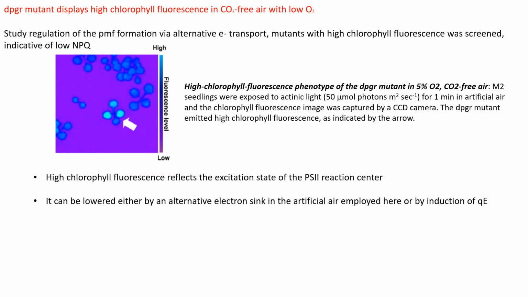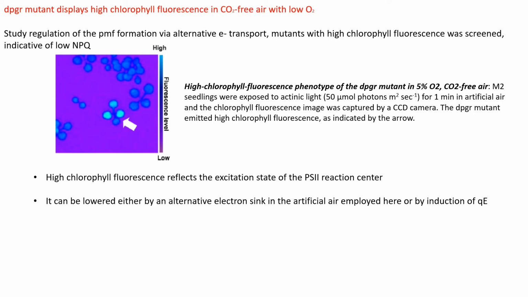In order to study the regulation of the PMF formation via alternative electron transport not depending upon LEF, or linear electron flow, mutants with high chlorophyll fluorescence were screened, which would indicate low NPQ. Conditions were chosen in order to enhance activity of alternative electron flow pathways.